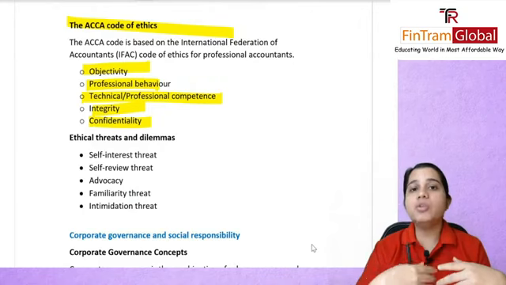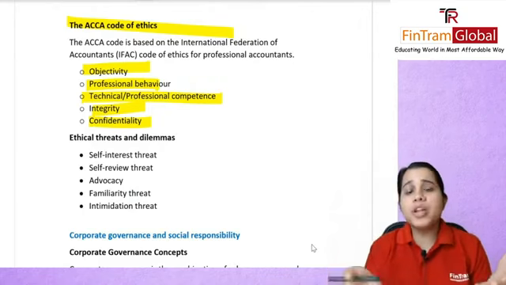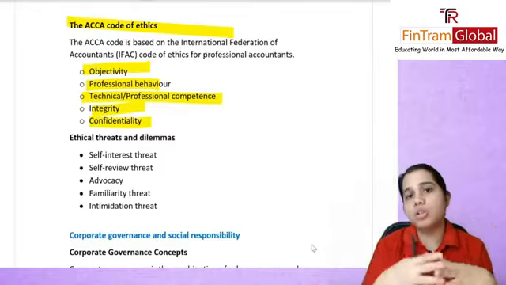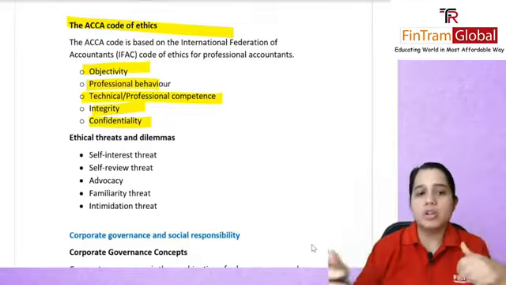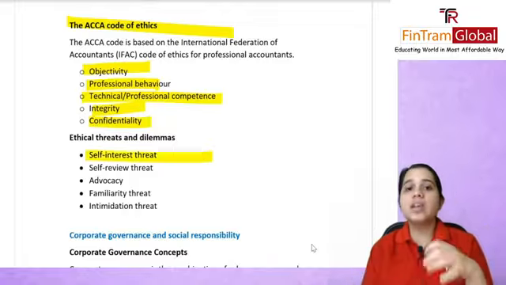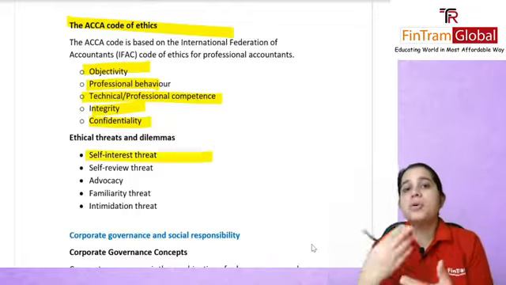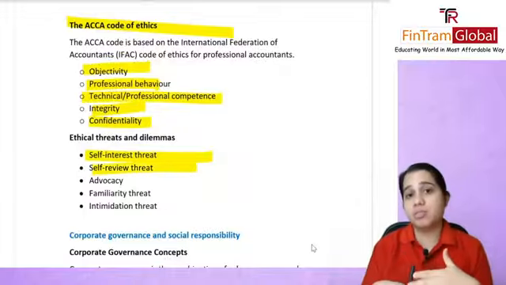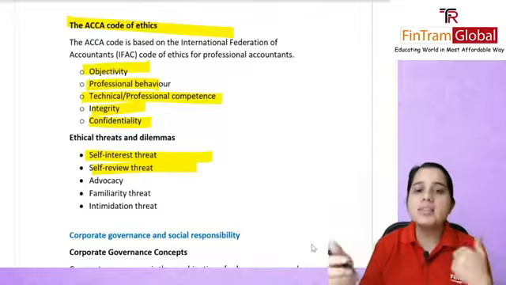And of course confidentiality. Do not go ahead and spread the client's data, or fail to keep it confidential. There are various ethical threats. You have a self-interest threat, wherein you could do something wrong because it will benefit you too. Self-review threat, wherein you are reviewing your own work.